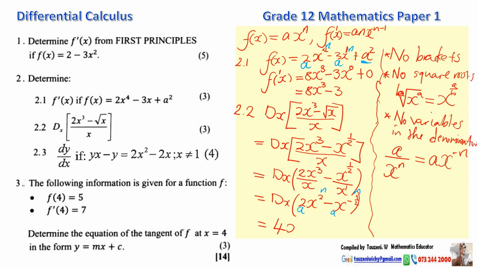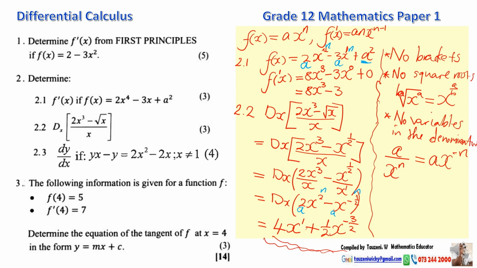The new exponent is n minus 1, so 2 minus 1 gives us 1. Then in the middle here, negative half times negative 1 gives us plus 1 over 2x. Then if you subtract, negative half minus 1 gives us negative 3 over 2. This is our answer for that question. We have differentiated this expression with respect to x.